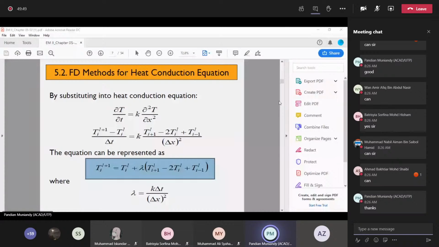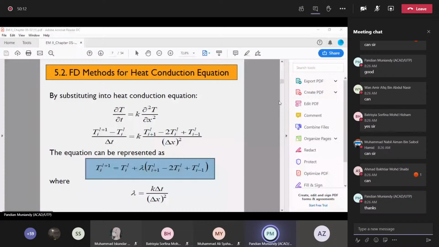So what we need is, of course, the lambda is K multiplied by T over del X square. Why do we write this lambda shortcut? Because this lambda, you cannot straight away substitute lambda. You must substitute K first.